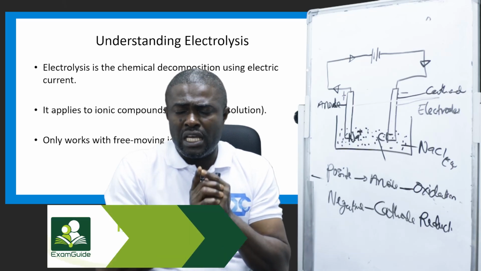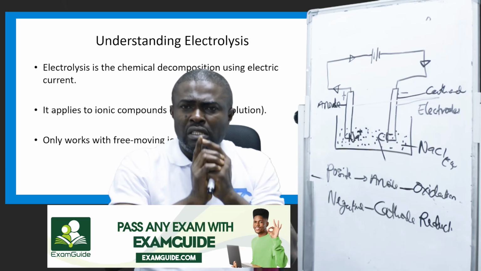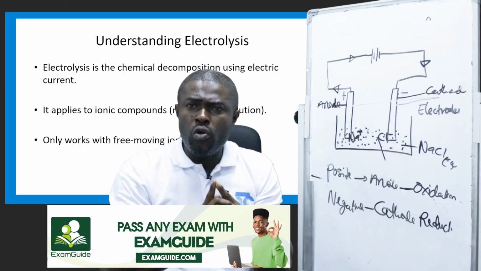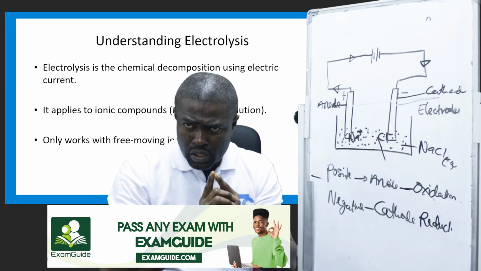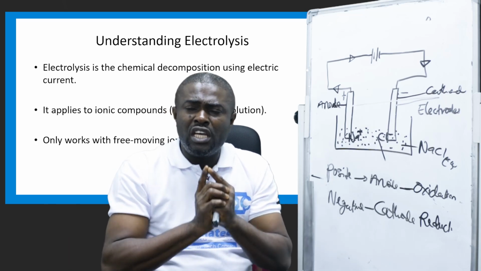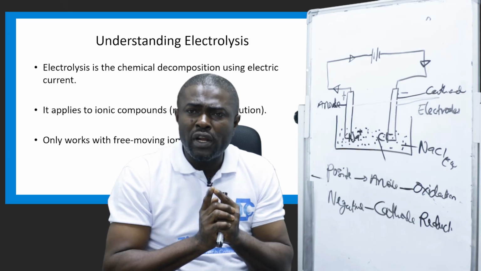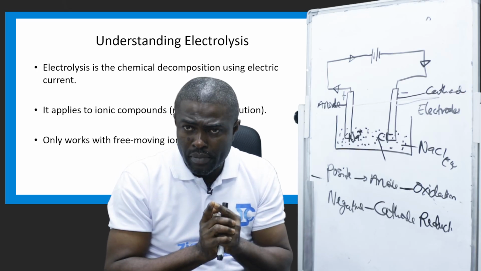What are these electrolytes? They are ionic compounds in the molten or aqueous state. They are placed into an electrolytic cell where current can pass through them.